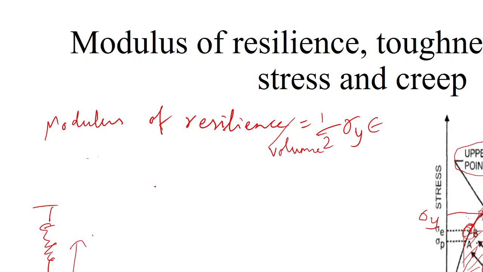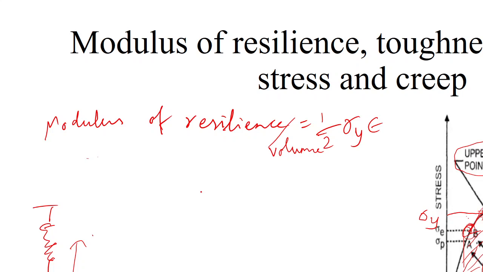Sir, I want to add one thing. Proof resilience comes into the picture if a material does not exhibit a proper yield point, like aluminum or other materials.